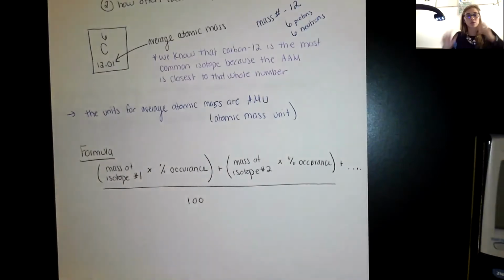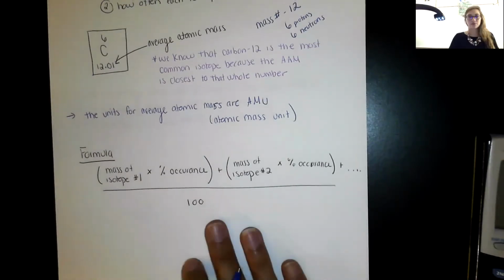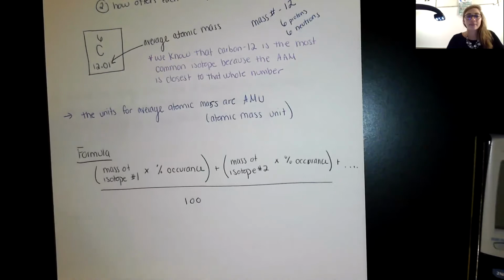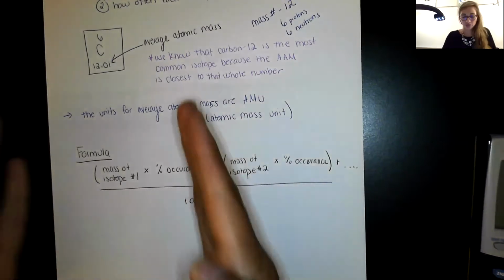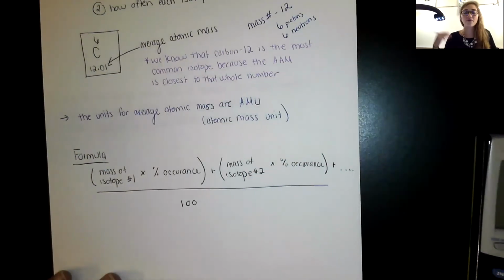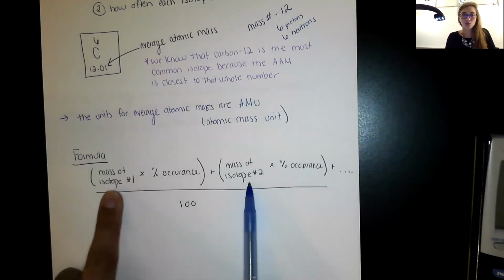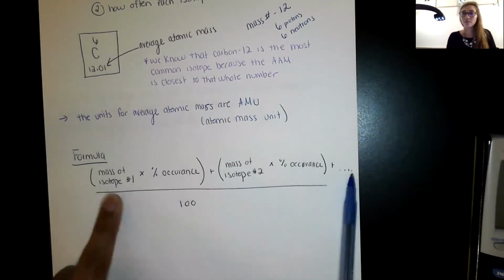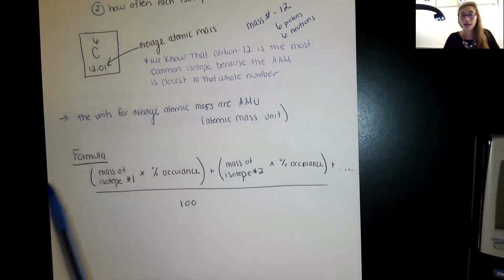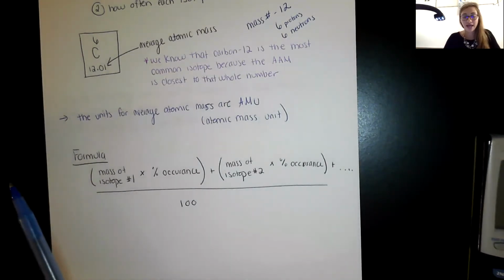The formula we're going to use is this one, so go ahead and write this down, and I'm going to explain it. The formula is broken up into each of the individual isotopes. Each set of parentheses is for however many isotopes we have. Right now I have 2 isotopes set up, but it can be however many naturally occurring isotopes that element has.